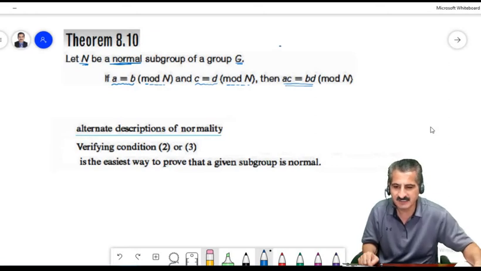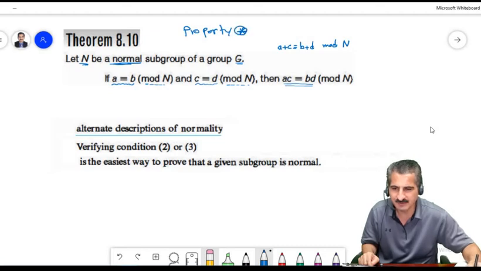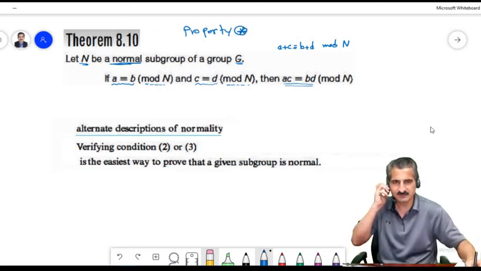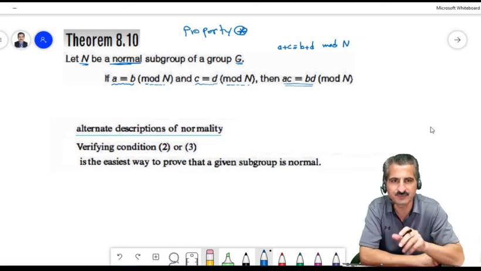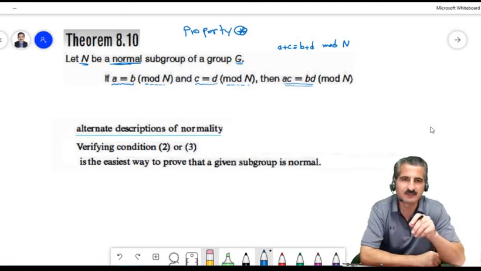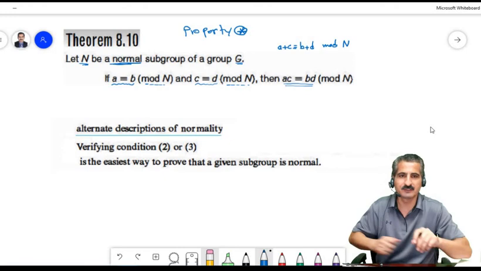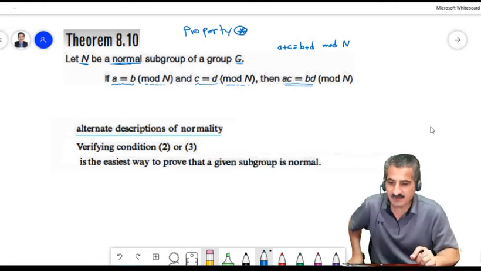If it is addition, then we will say A plus C equals B plus D modulo N. This theorem is about property star that we started with, and says property star holds for sure when the subgroup you are working with is a normal subgroup.